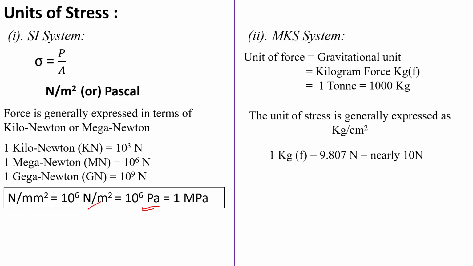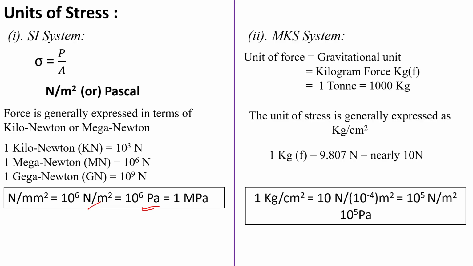Then the unit of stress in the MKS system is expressed as kg per centimeter squared. 1 kgf equals 9.807 newton, which is nearly 10 newtons.